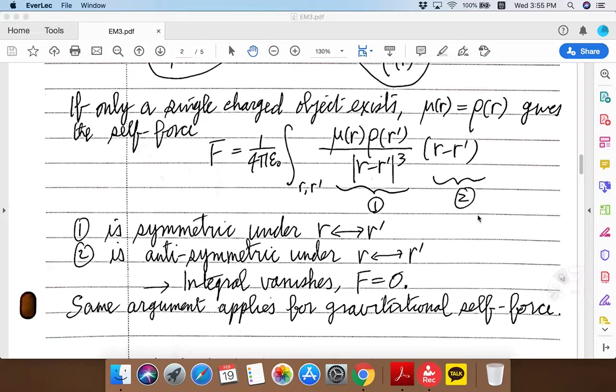And exactly the same argument applies for gravitational force, like the Earth exerts gravitational force on itself, but that doesn't mean that the Earth can spontaneously push itself in a certain direction. Only other planets and stars can exert force on the Earth and affect the motion of the Earth.